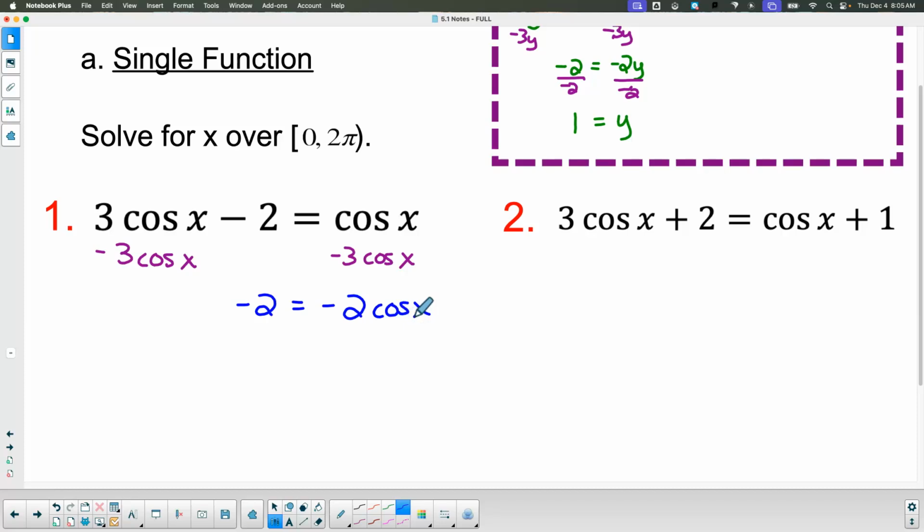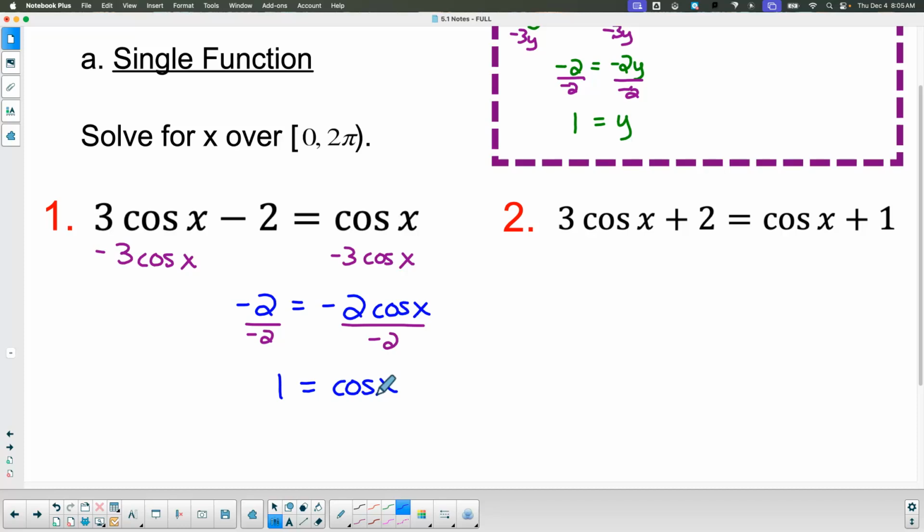Then we divided by negative 2, and so we got 1 is equal to cosine of x. With me? Now here's where it differs. In algebra, we would just stop right there. Y equals 1, we're done. Move on to the next problem.